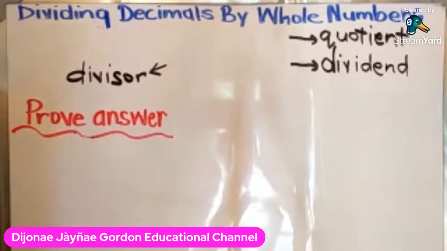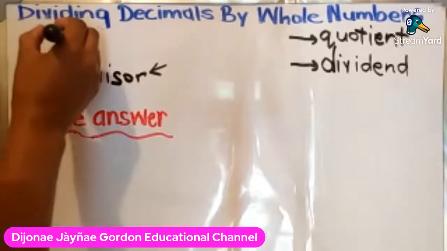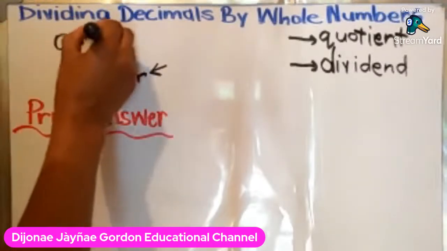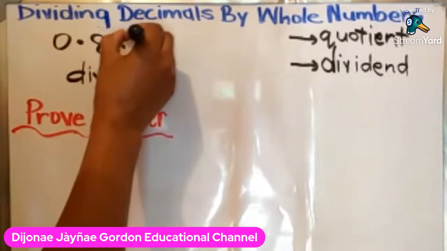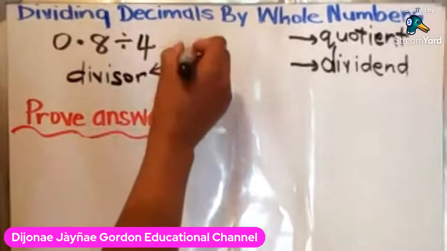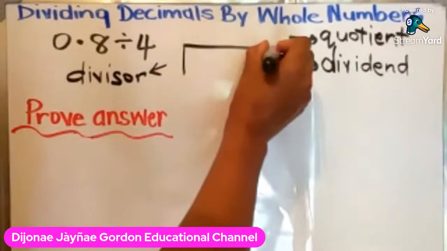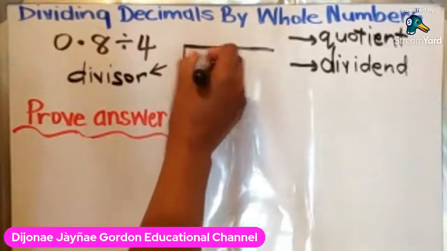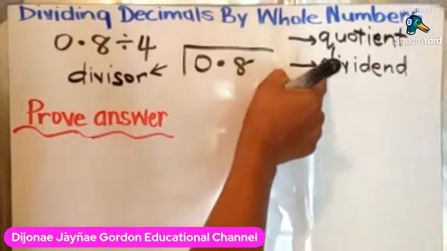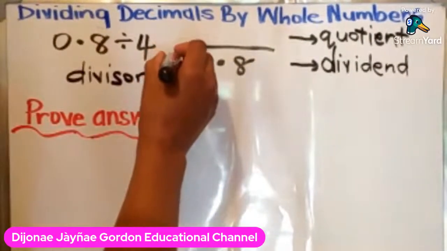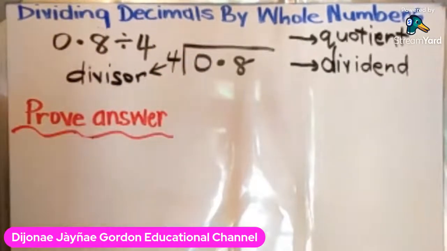All right, so let's take the next problem. So we have 0.8 divided by 4. And of course, the first thing we have to do is to set the problem out. The 0.8 is our dividend, and 4 is our divisor.